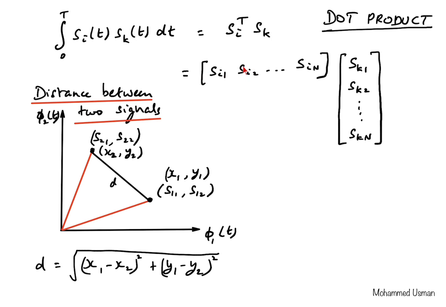So likewise, these elements of the vectors are basically representing the coordinates. So if it's in a two-dimensional space, we can write the distance between these two signals s1 and s2 in terms of their vector elements s11 and s22. So the x1 here is s11 and y1 is s12, and the corresponding x2 and y2 are s21 and s22 respectively.